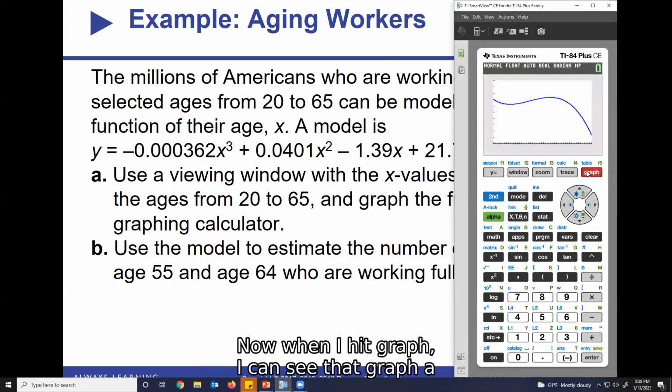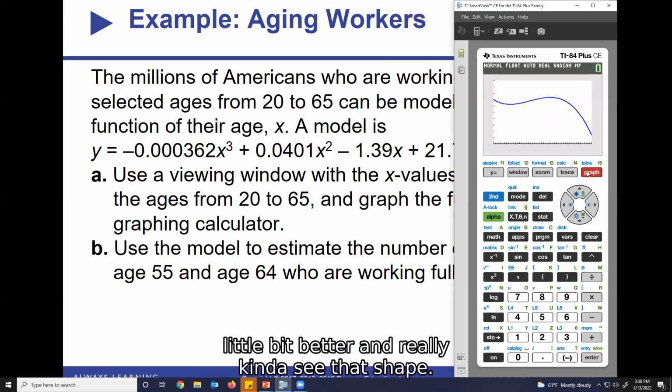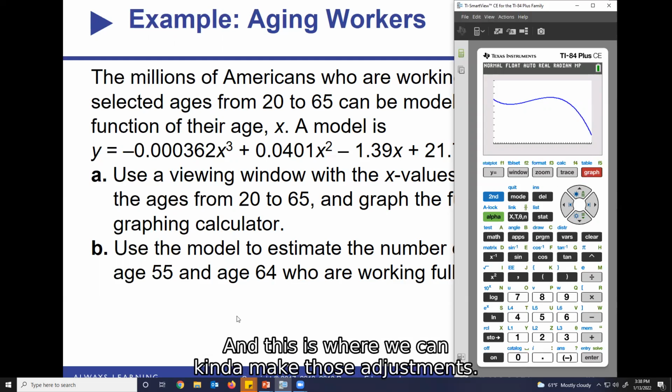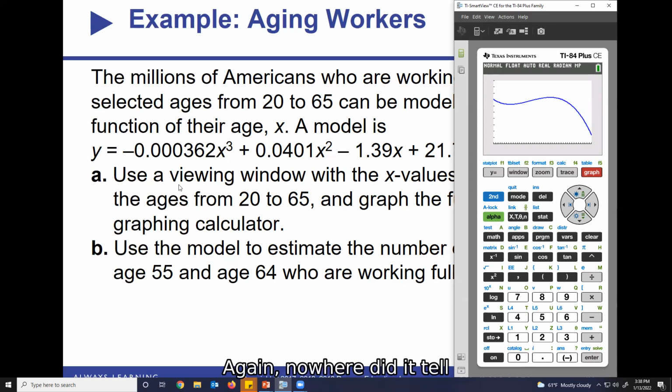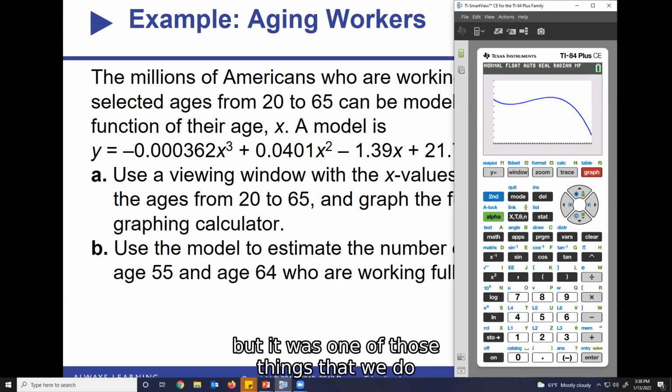Now when I hit graph, I can see the graph a little bit better and really see that shape of it. This is where we can make those adjustments. Nowhere did it tell me what those Y values needed to be, but we do have to play with it a little bit and see what's working and what's not working for our graph.